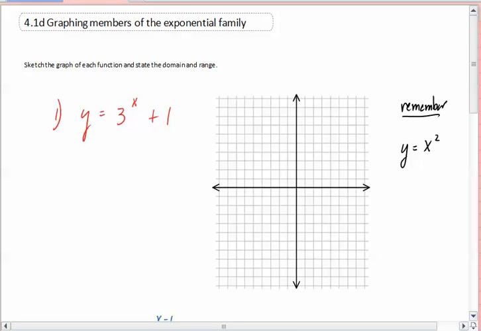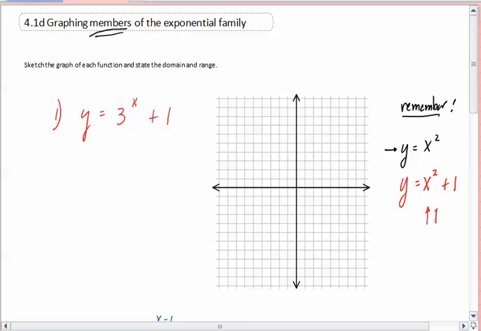Now, in order to take a look at graphing members of the exponential family, we're going to take a look at a very familiar function, which is the parabola. I want you to remember that when we graphed parabolas and looked at transformations of them, tacking on something like a +1 to that parabola just moved it up 1 from the origin.